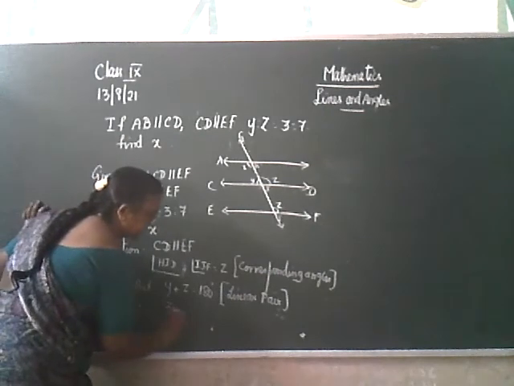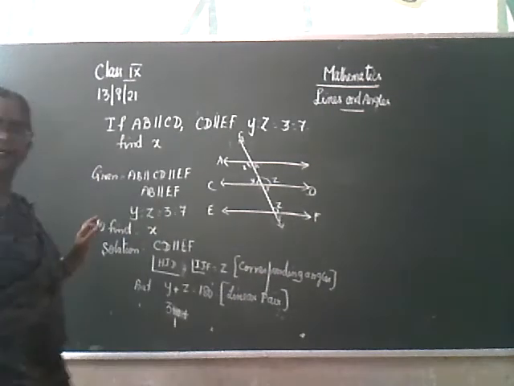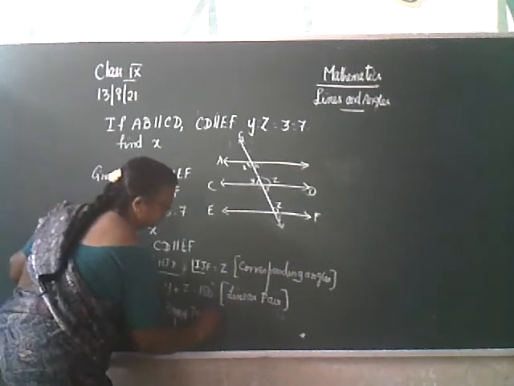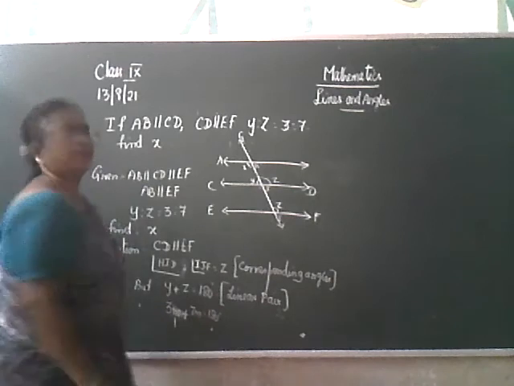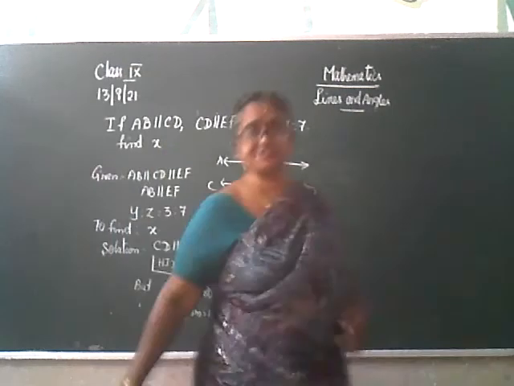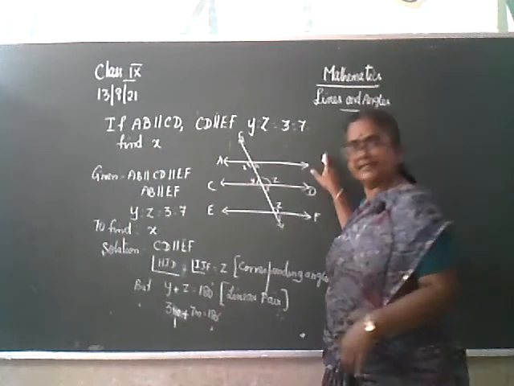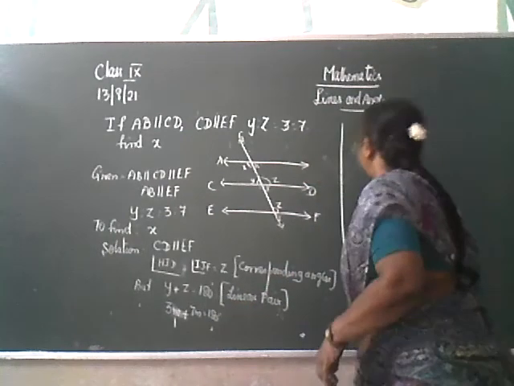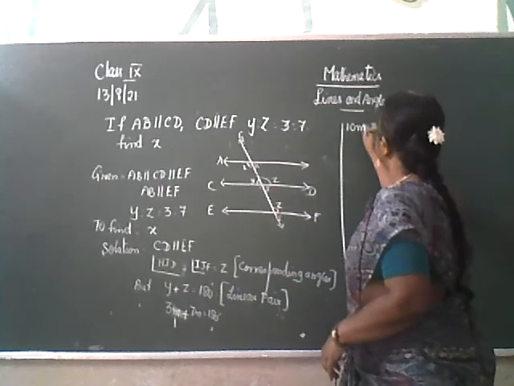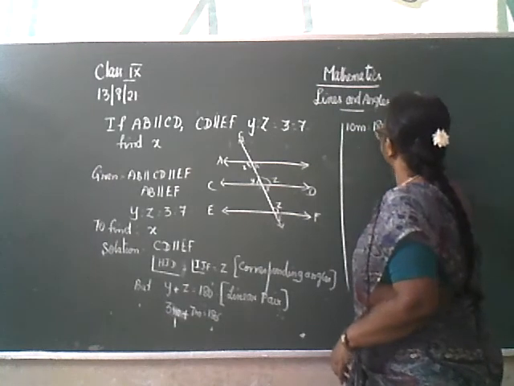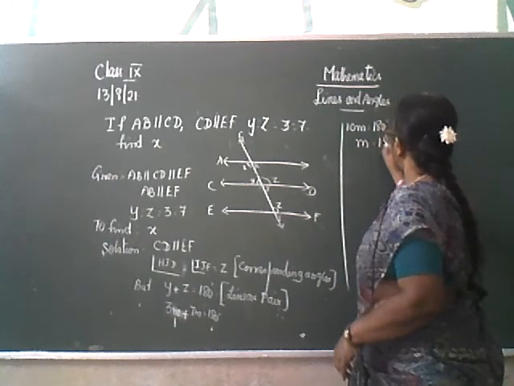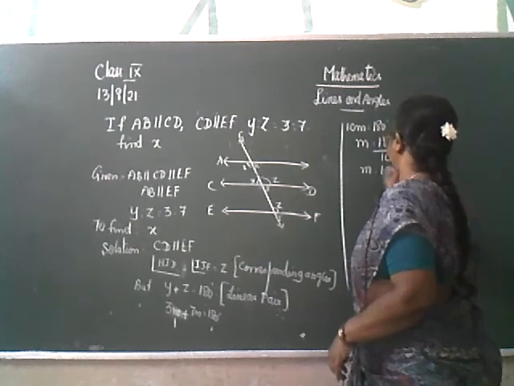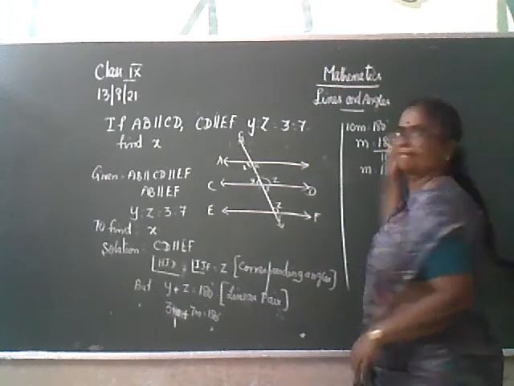Let me consider some m. 3m and 7m. So y is to z is in the ratio 3 is to 7. So 3m plus 7m is equal to 180 degree. So 3 plus 7 is 10m is equal to 180 degree. M is 180 divided by 10. M is 18.